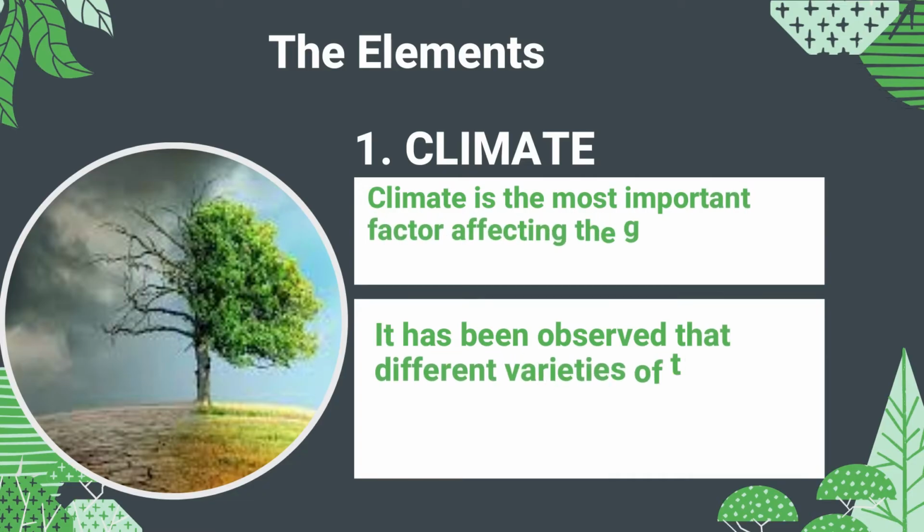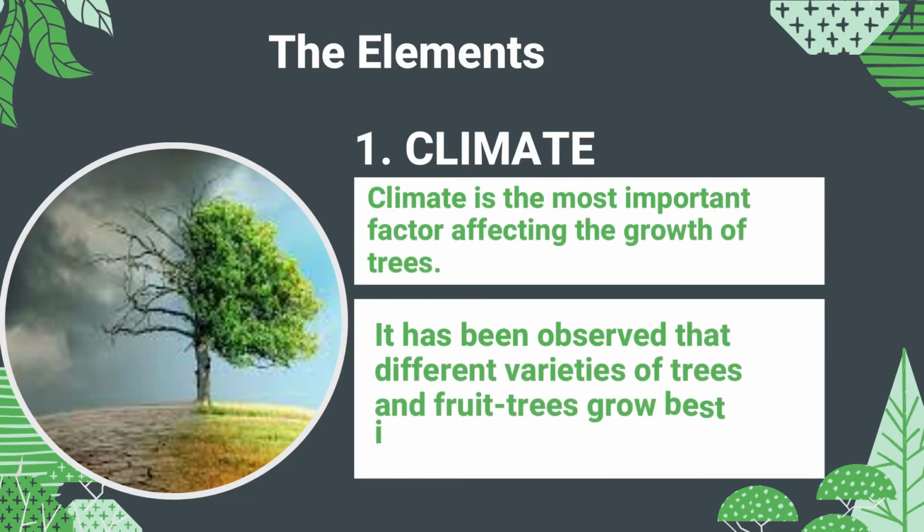So, climate is defined as the most important factor affecting the growth of the trees. It has been observed that different varieties of trees and fruit trees grow best in certain climatic conditions.